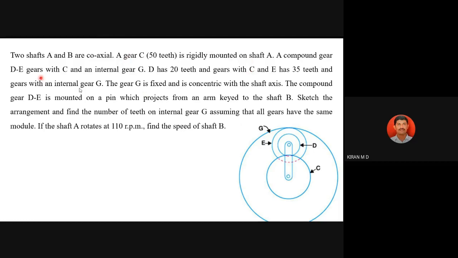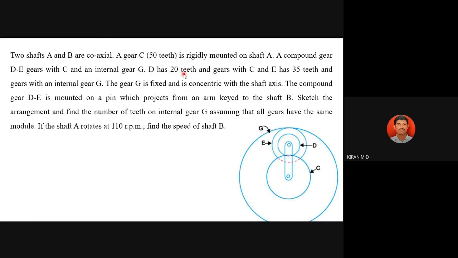A compound gear D and E gears with C and an internal gear G. So of D and E, one gear is meshed with C and the other gear is meshed with G, the internal gear.